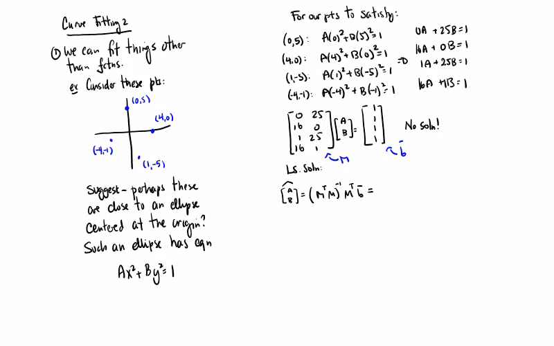When we get this, we get approximately from MATLAB these two values. So this suggests our ellipse will be 0.0612 x squared plus 0.0388 y squared equals 1.